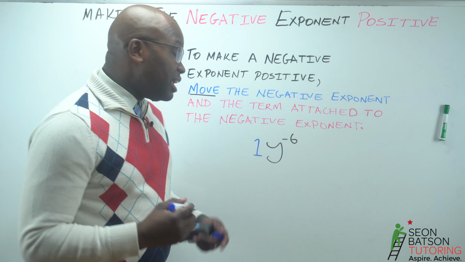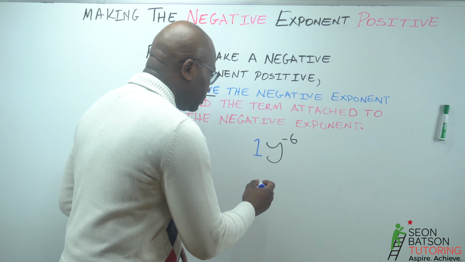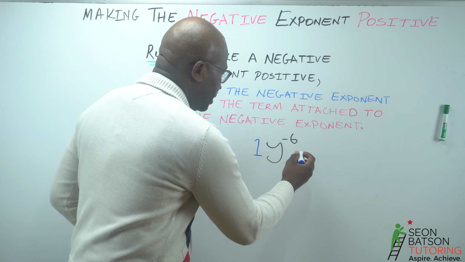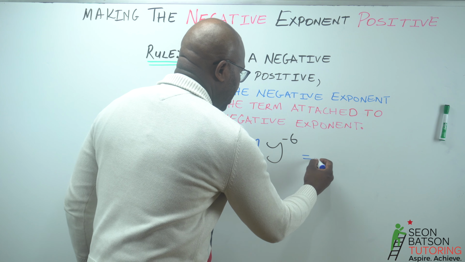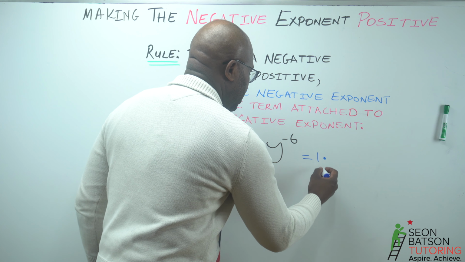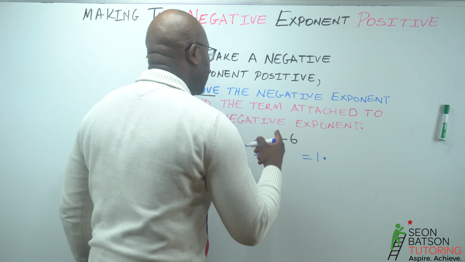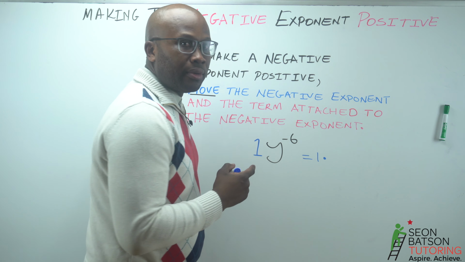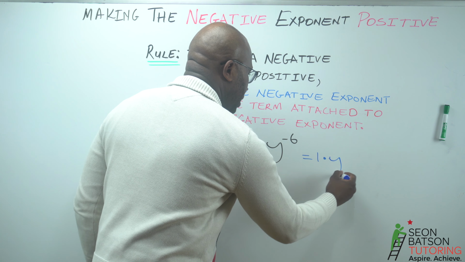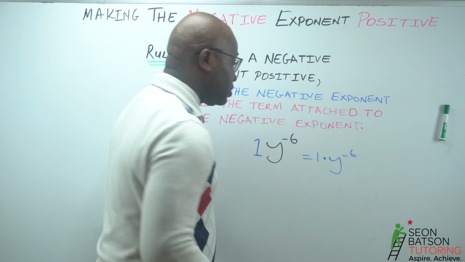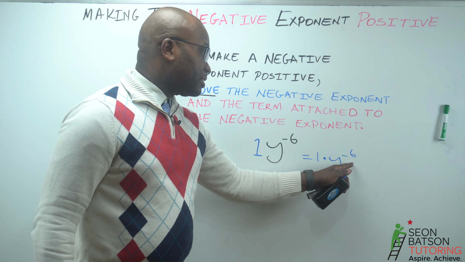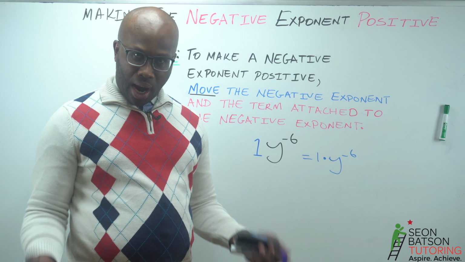Yes? And if you want, you know that 1 over y to the 6th power is the same as 1 over y to the negative 6th power, which is the same as 1 times y to the negative 6. So first things first, this negative 6 is only attached to the y.